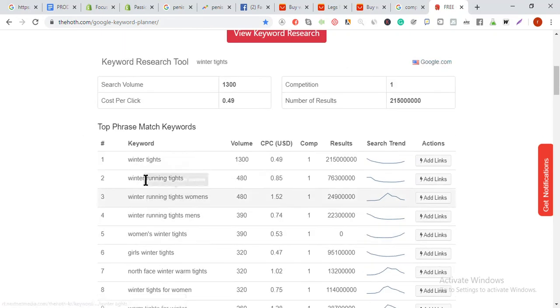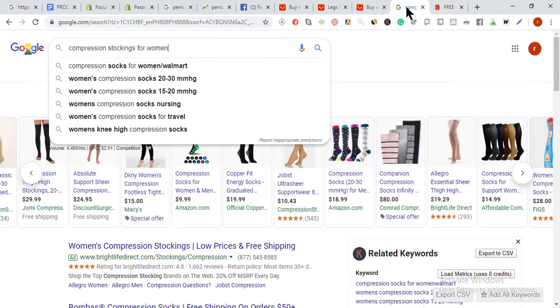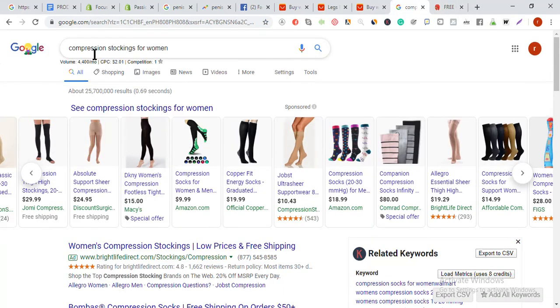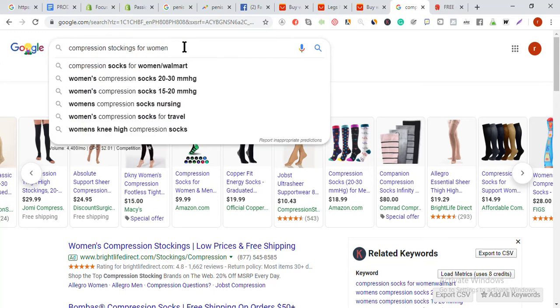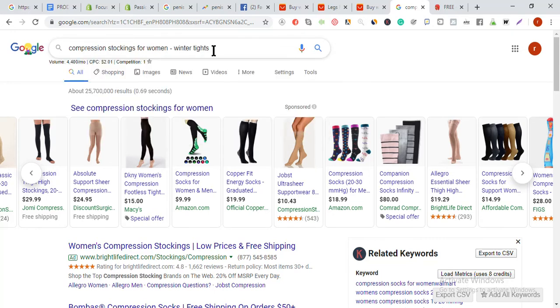Yeah, that's fine. So for this item, for the title, I would do compression stockings for women, and then maybe the other keyword. I'm definitely using two long tail keywords for the title. So you're hitting two birds with one stone.